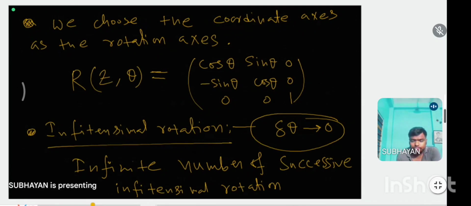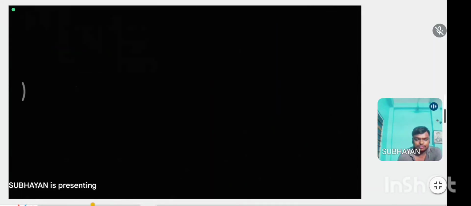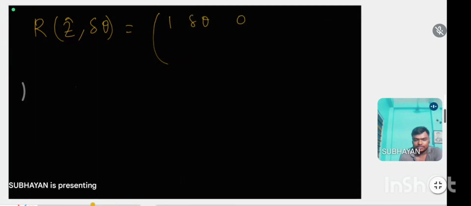However, if you put delta theta tends to 0, you will find cos of delta theta tends to 1, and sine of delta theta tends to delta theta. So here you can write, suppose R of z cap delta theta will be the matrix 1, delta theta, 0; minus delta theta, 1, 0; 0, 0, 1.